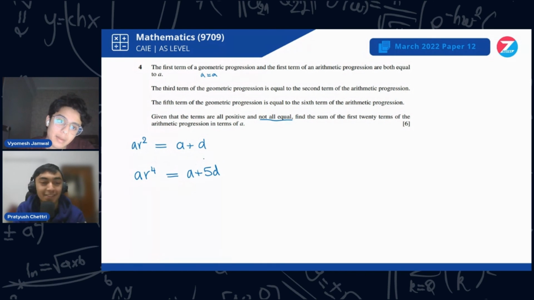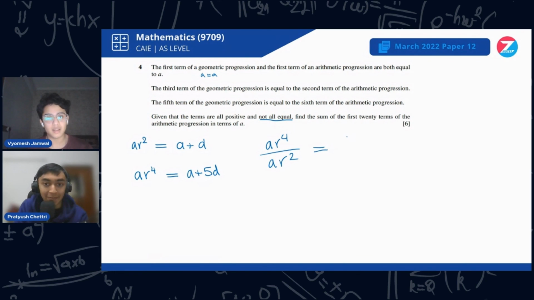I would divide both of them: ar to the power 4 divided by ar squared. So it's going to give r squared in 4. Okay, let's try that. So ar to the power 4 divided by ar squared is the same as a plus 5d over a plus d.